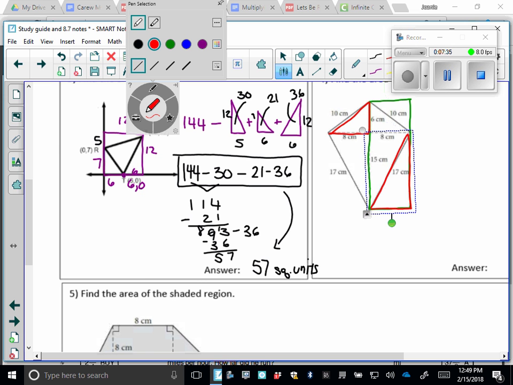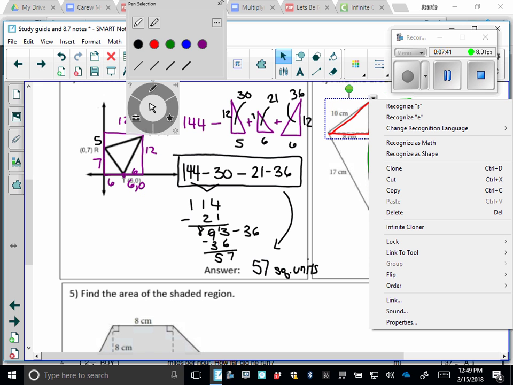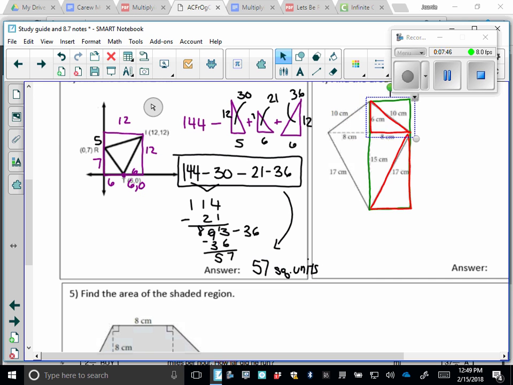If I were to take that out of the picture, and just flip that and slide it over here.